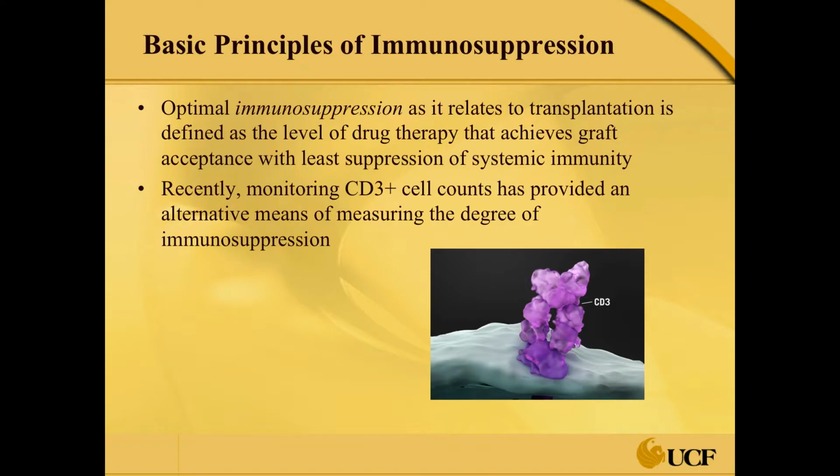And when we talk about immunosuppression in terms of organ transplantation and reducing the immune response so that the patient doesn't reject the organs, what we're really talking about is cellular immunity. There are some humoral responses that can occur and complicate the clinical picture in the early post-op phase, but really when we're talking about immunosuppression overall in terms of reducing rejection of organ transplantation, we're talking about cell-mediated immunity.